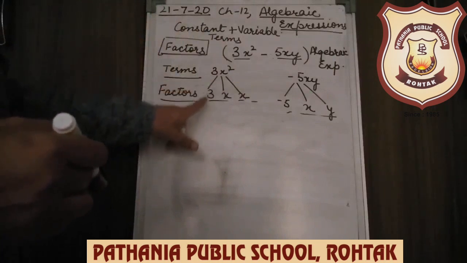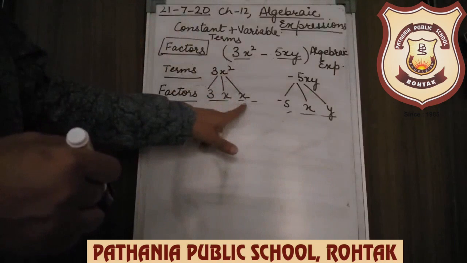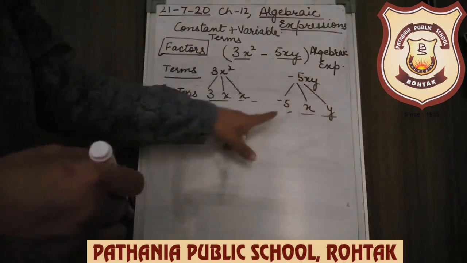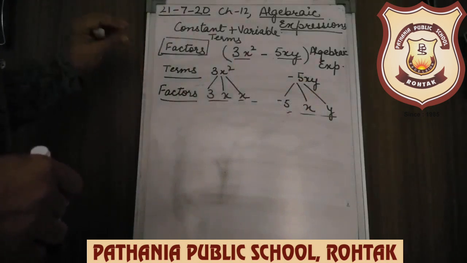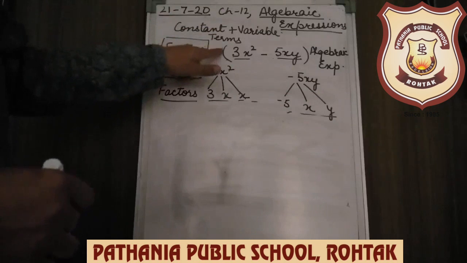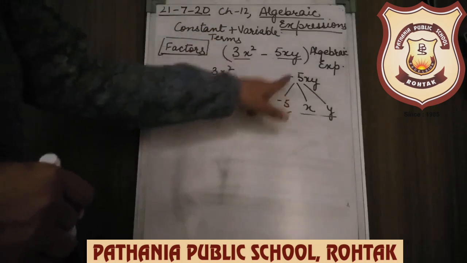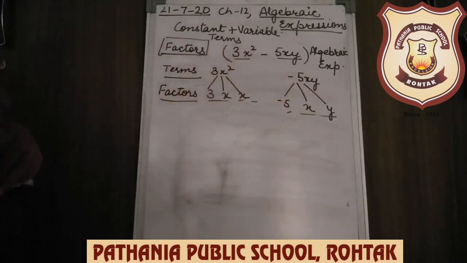Separating the constant is one factor, and as it is x square, x will be written 2 times, and minus 5, x and y. These are the factors of the given algebraic expression. First write the expression, then separate the terms, and for each term write the factors. Writing the sign is very, very important.